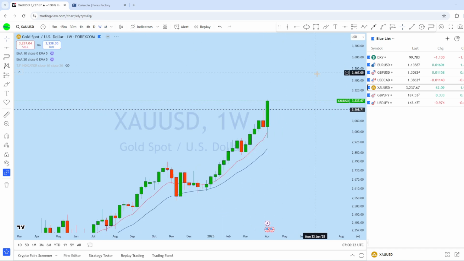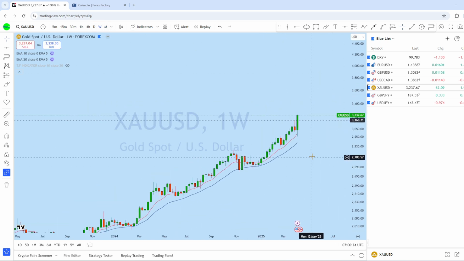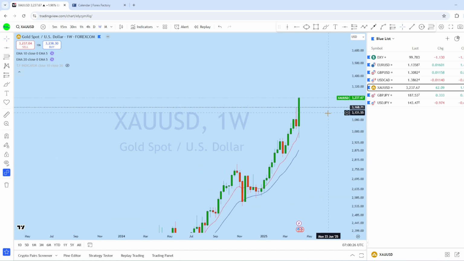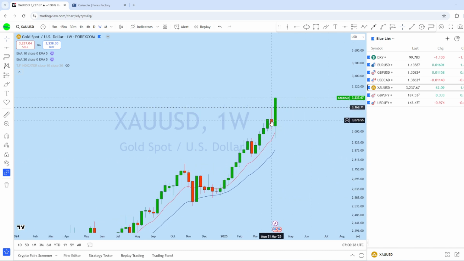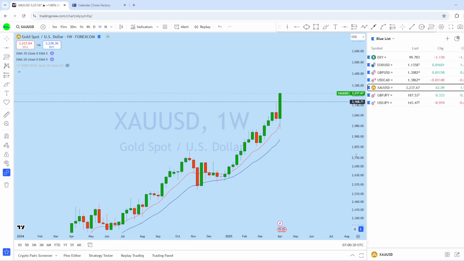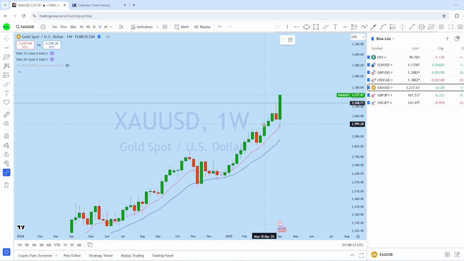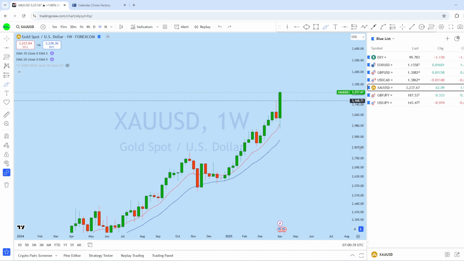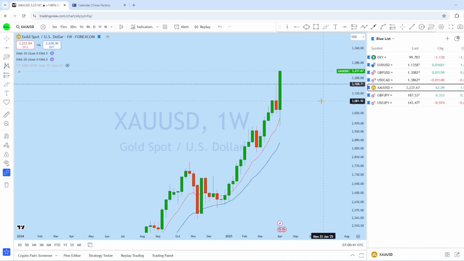Now looking at the weekly chart to see how the price action has formed. We can see that after the previous weekly bearish candle here, the market has crossed that low, grabbed the liquidity and immediately got a rejection to the upside with this weekly bullish engulfer.